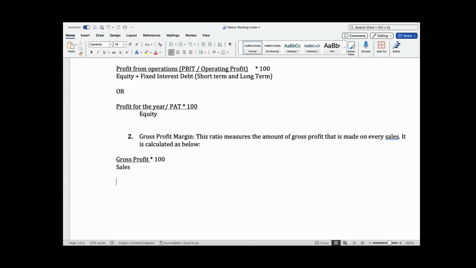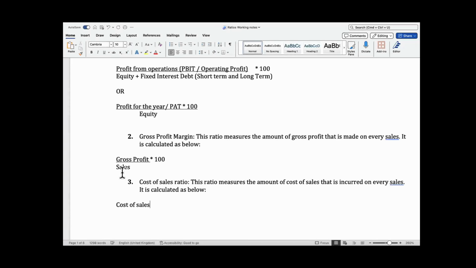And very similar to that is cost of sales ratio. Cost of sales ratio is similar to gross profit in the sense that this ratio measures the amount of cost of sales that is incurred on every sales, and it is calculated as below.